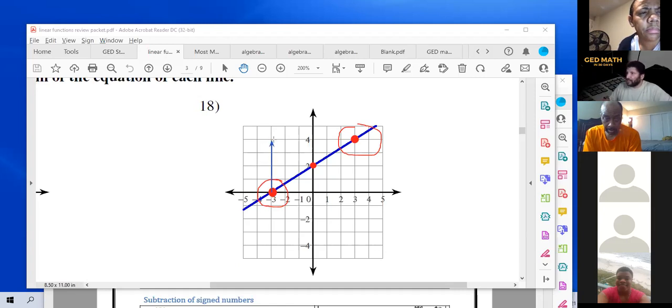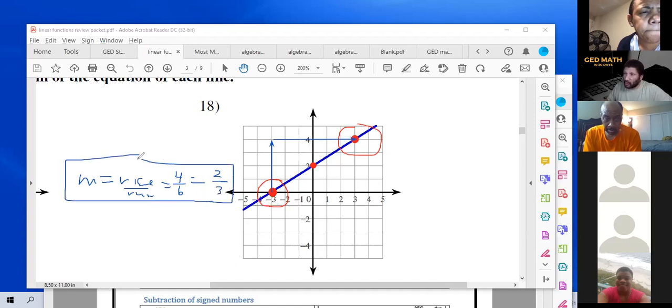How many do I need to go over? 1, 2, 3, 4, 5, 6. So my slope, rise over run, is 4 over 6. 2 goes into 4 two times, 2 goes into 6 three times. I still got a slope of 2/3. Doesn't matter.